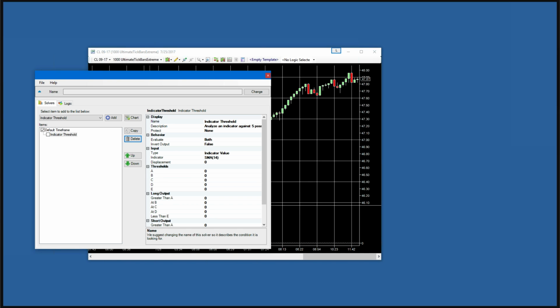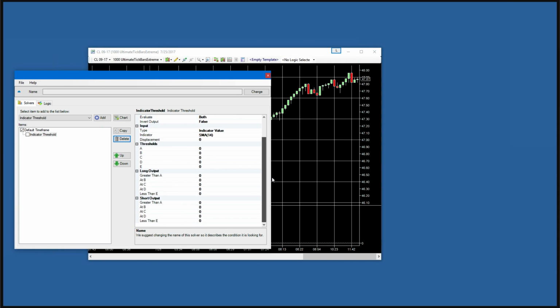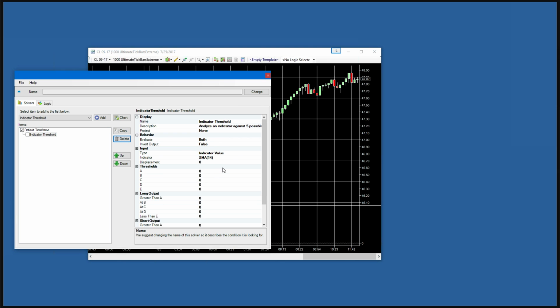If you code it in other things, it'd take you a bunch of steps. What I had the programmers do was put outputs on these indicators, like a state indicator. It says the indicator, the smart color bars, is in this state, long or short.